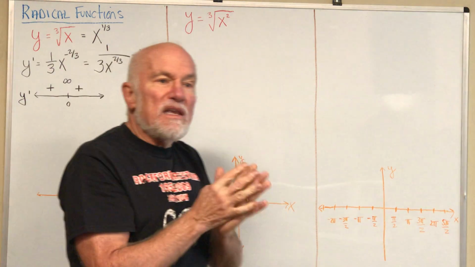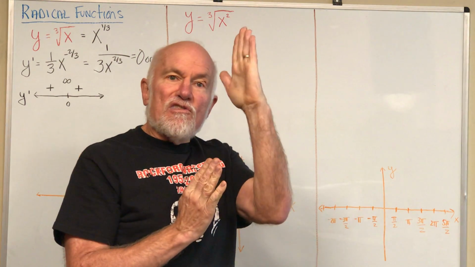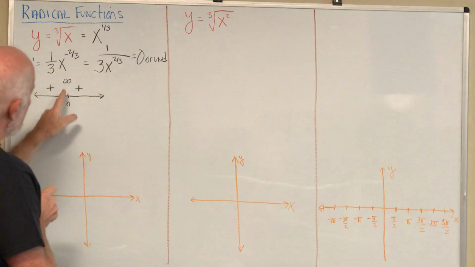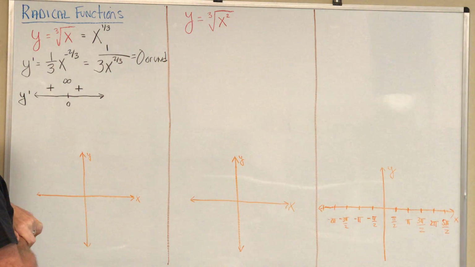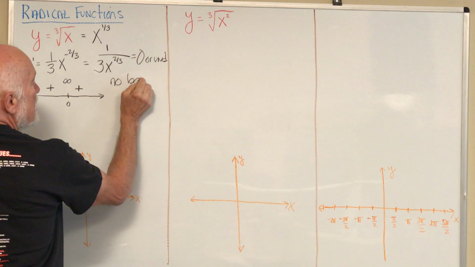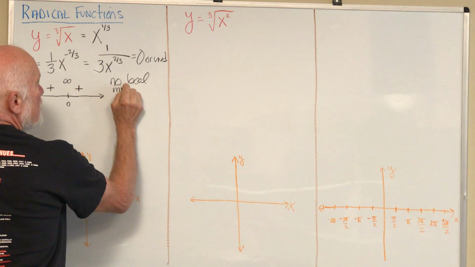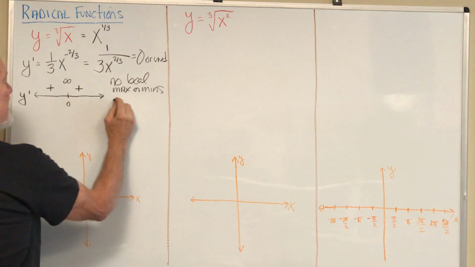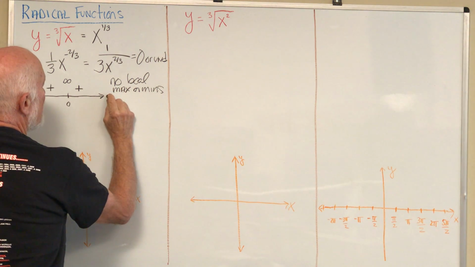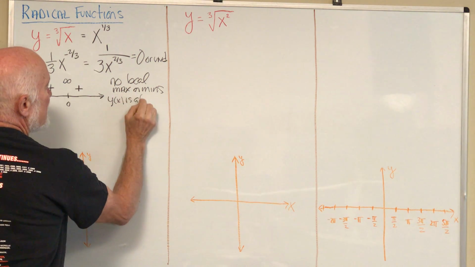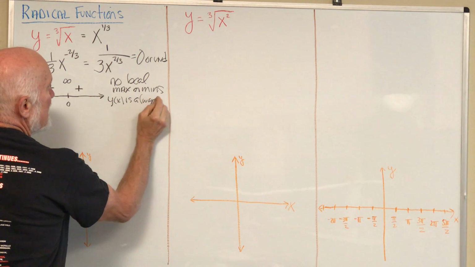So we're talking about an infinite slope. So I'm just going to remind myself that. So I can say there's no local maxes or mins. The function is always increasing. So y of x is always increasing.